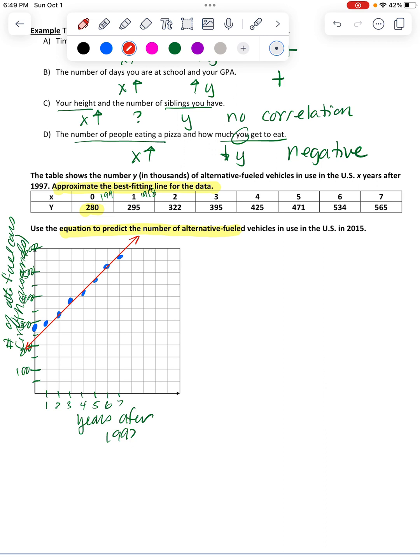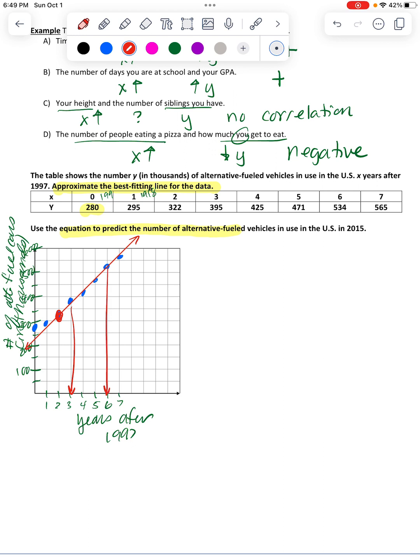And then to find the line, I'm going to do what we've been doing in class and use this one here. Actually, I'll use this one only because then it will match the online notes. So if you're doing the online notes, you can see that. And then this point here.